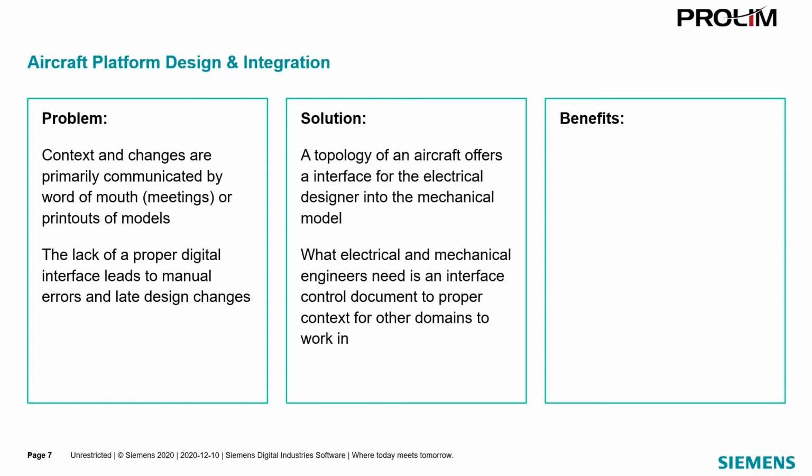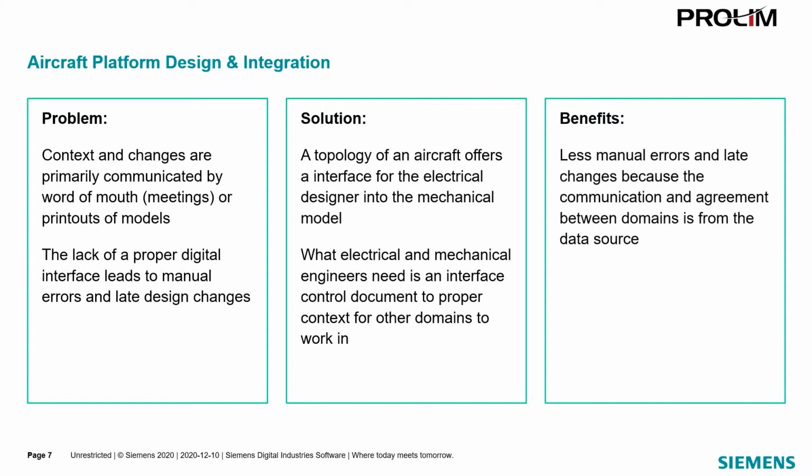And it's not just through word of mouth, it's through actual data exchange that you might have between these different solutions. And that's really important, because it means that there's less manual mistakes through these word of mouth communications, through these meetings.